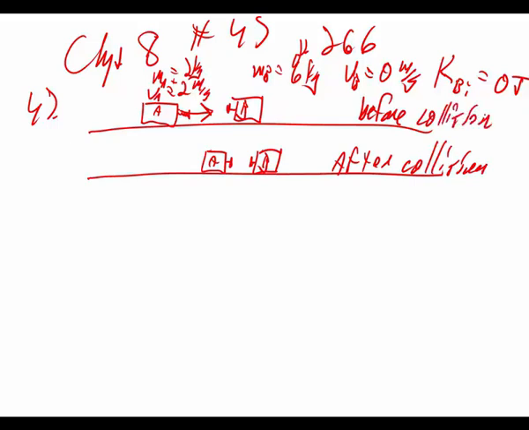And since they have elastic bumpers, they're going to do like what happened with the magnets in lab. They're going to do what? Bounce apart, aren't they? So it's going to be an elastic collision. Is that correct? Would that be a safe assumption? Sure it would. Okay. So this is an elastic collision, right?